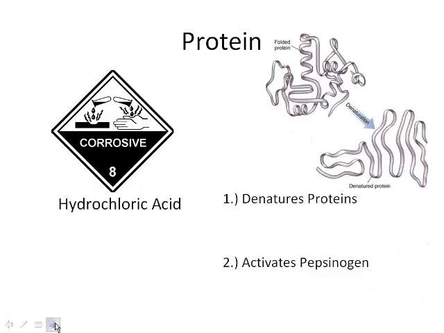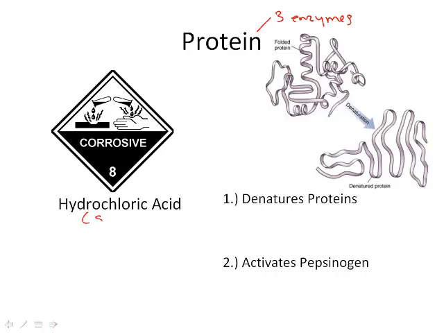So we talked about starch, let's talk about proteins now. Again, there are three major enzymes that are going to break down our proteins. But before we talk about the enzymes, we have to talk about the hydrochloric acid that begins this process in the stomach.